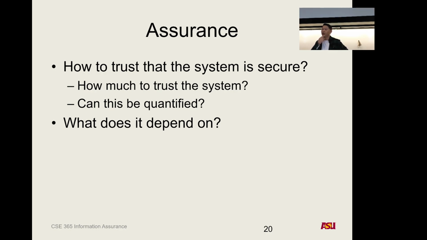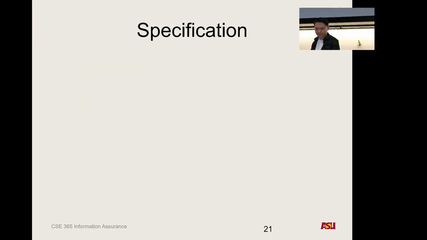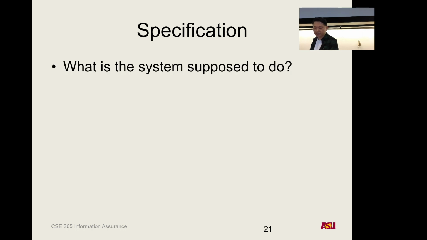Based on numeric measurement outcomes, we can say this mechanism assures 100% or 200% of the goals of the mechanism. Like that, assurance gives confidence in the product, right? So what does it depend on? Specifications. What are specifications?